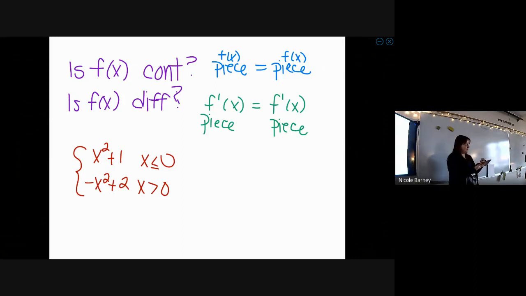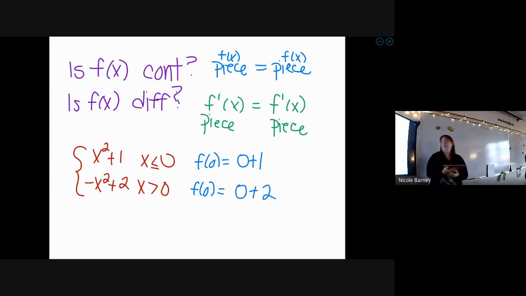So for this one, f of 0 here would be 0 plus 1. And if I plug in 0 to this one, I get 0 plus 2.